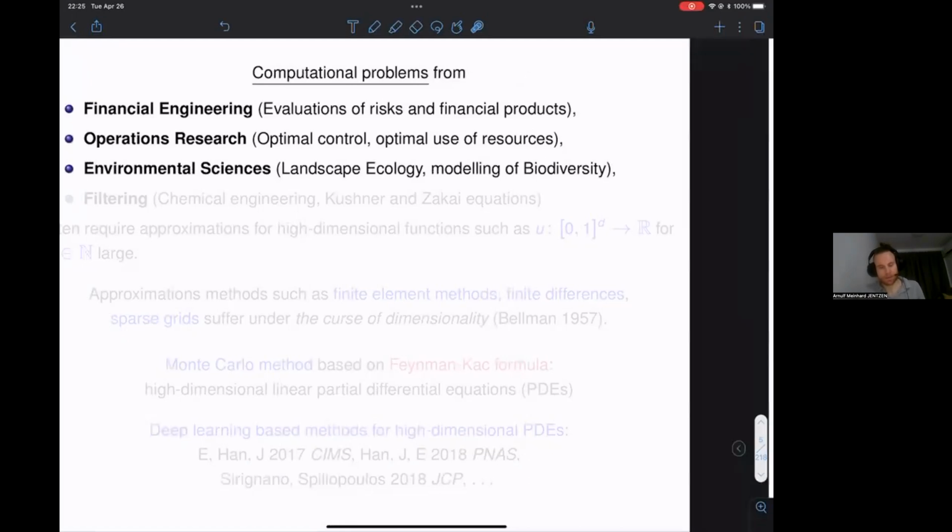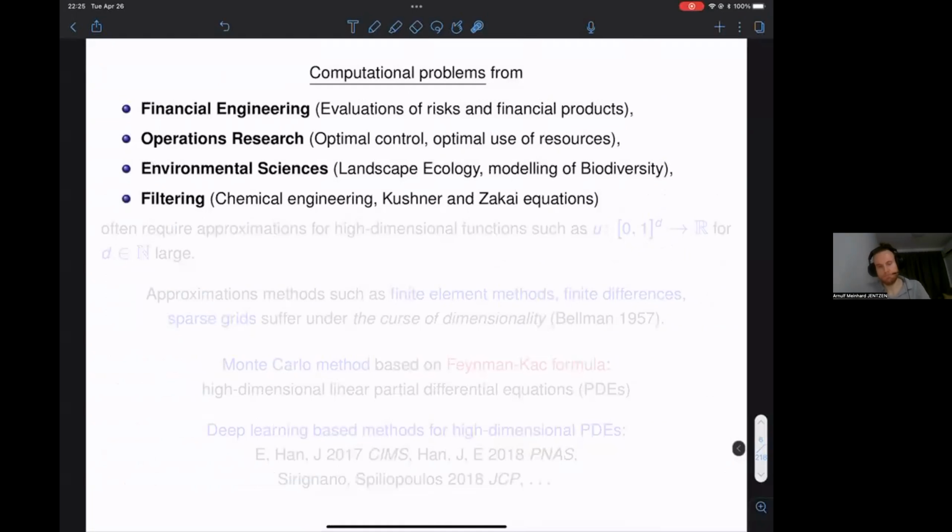Another situation where such high-dimensional approximation problems appear is in nonlinear filtering problems, where only partial information of a given physical system is given, and then given that information, one wants to know the best approximation of the density of the current state of the system.